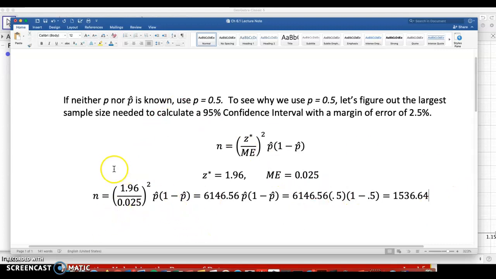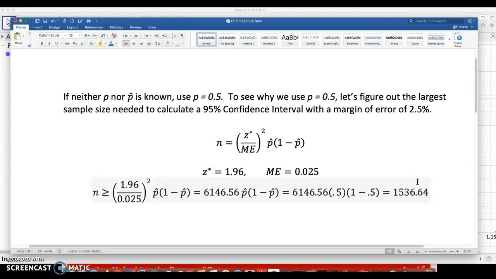And really, I could change this formula to not equals; this needs to be greater than or equal to. All right, we're looking at sample size. We can't have a fraction or decimal of a sample size, so always round up to the nearest whole number.